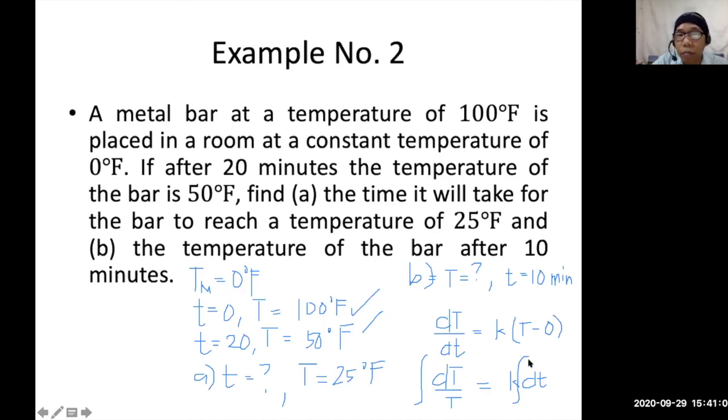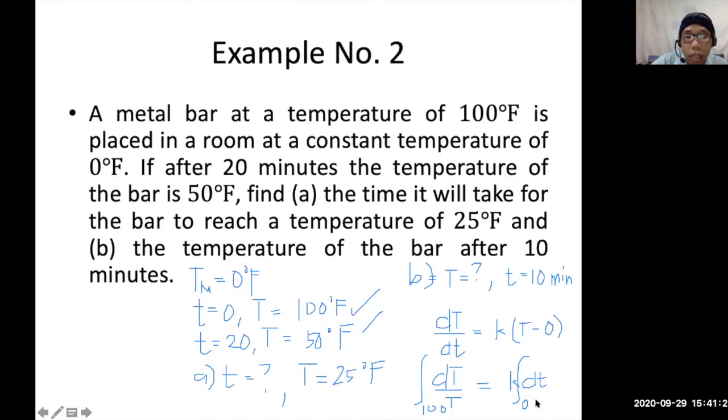Got it? Guys, did you follow? Or are you solving too? So this is what I will use. Initially, the lower limit will be 0, since time is 0. What is the corresponding temperature? That will be the lower limit on the left-hand side: 100 degrees Fahrenheit.